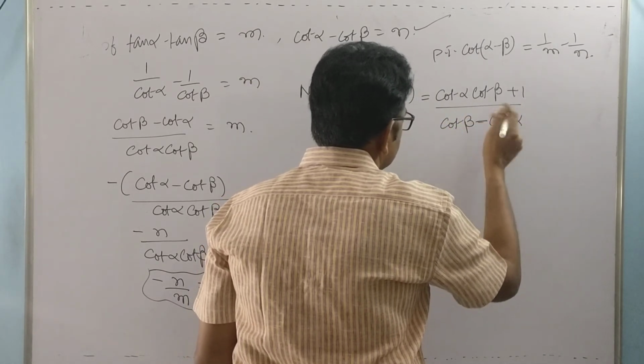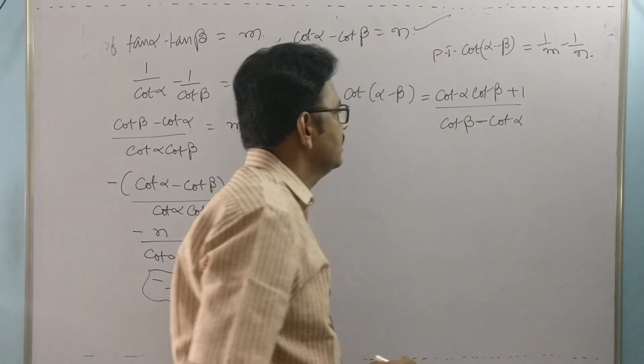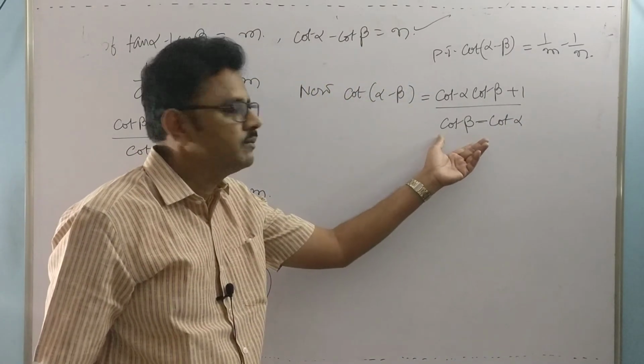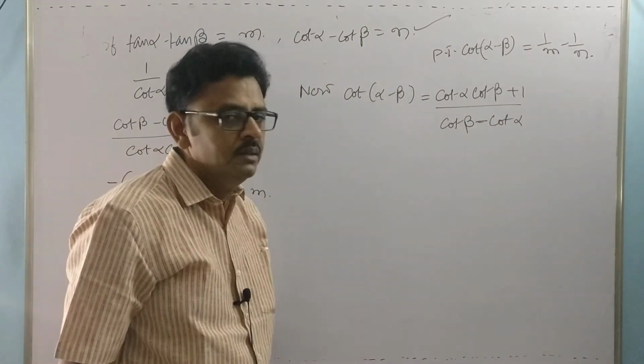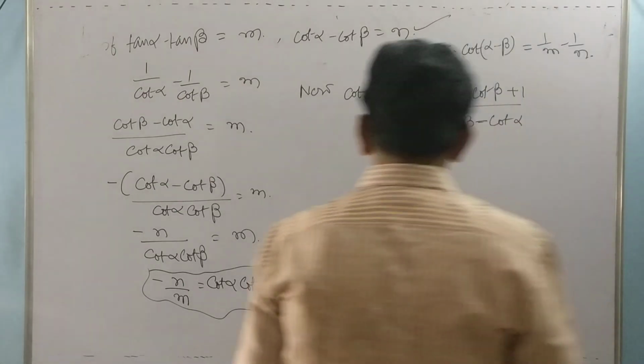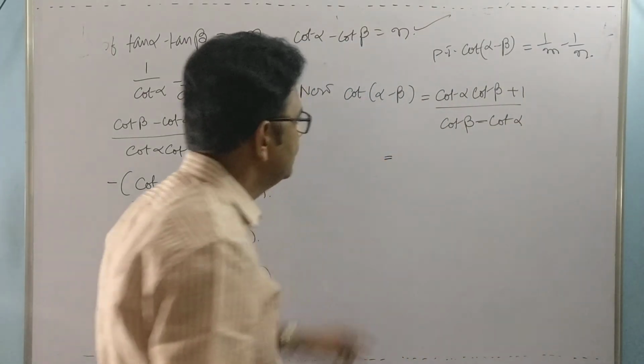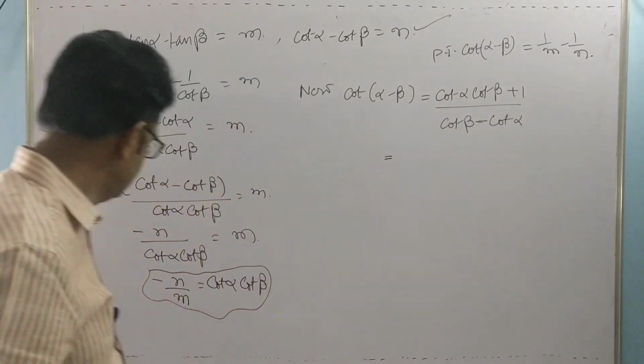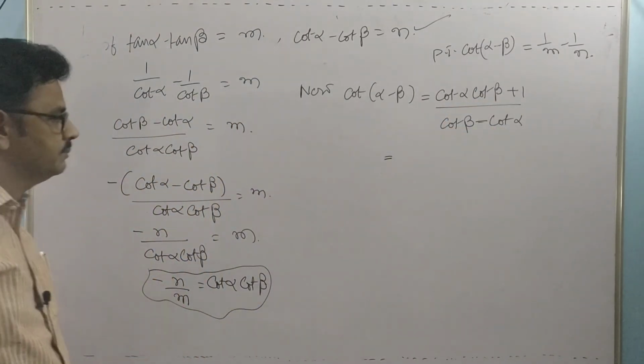This is the formula. Once you can recollect, or verify your notes, the formulas are there. So that is equal to cotα cotβ, which is here −n/m.